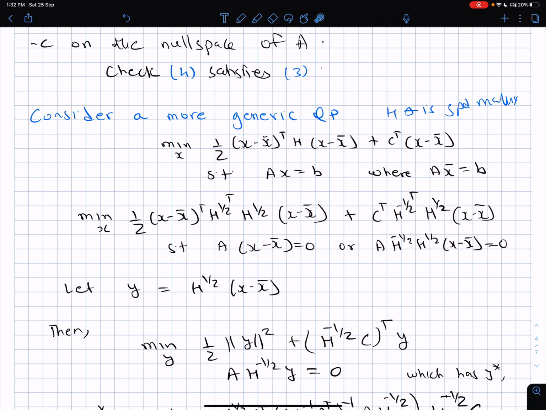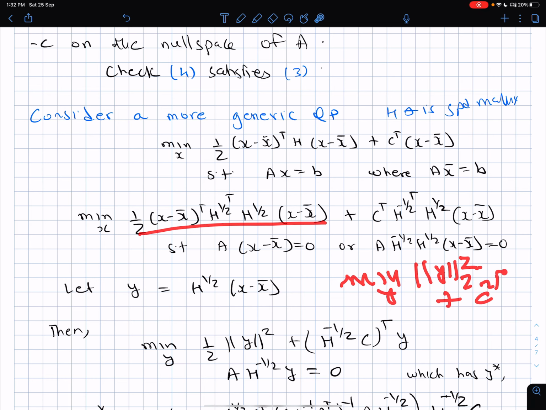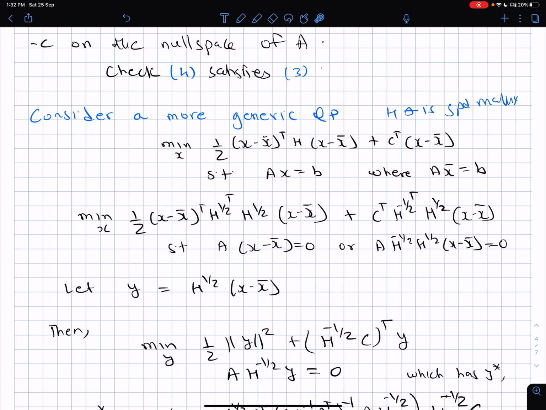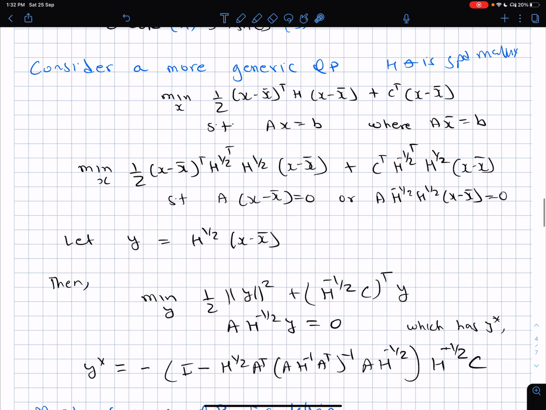I can use this transformation and convert this as minimize over y half of the length of y squared plus some equivalent c tilde transpose y. That's what I want to do. So towards that end, here I introduced c tilde to make this x minus x bar into y. With that transformation my objective function comes out in this simpler form.